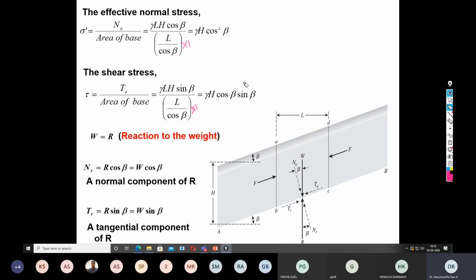So which dimension is L by cos beta in the figure? L by cos beta is the inclined length. So is it L by cos beta or L cos beta?